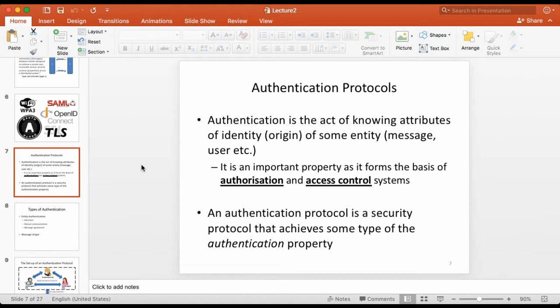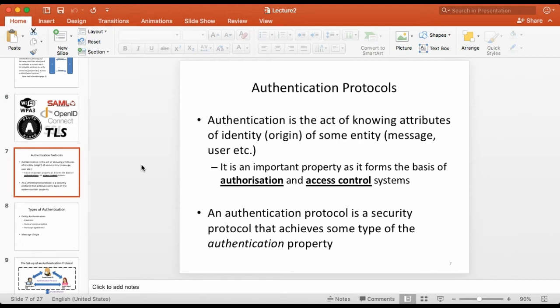We explained it a little bit last week, but essentially, the idea of authentication is that you end up knowing certain attributes of identity, or of the origin of some entity, whether that entity is a message, user or anything else. So you'd like to know certain attributes of the thing that you're dealing with or communicating with.